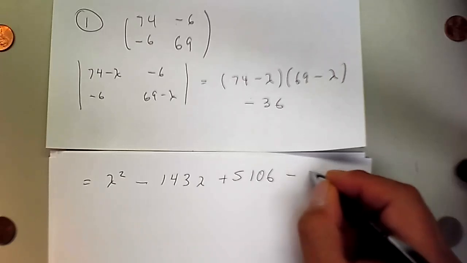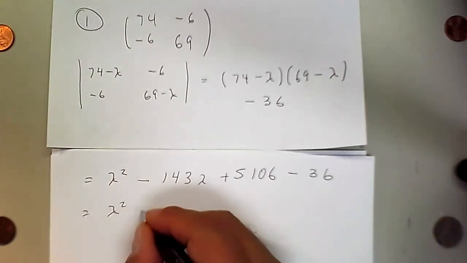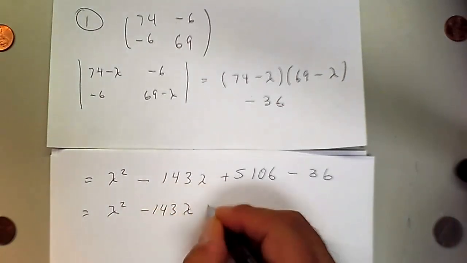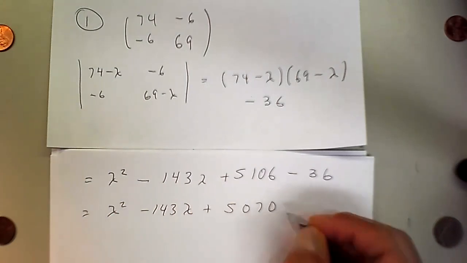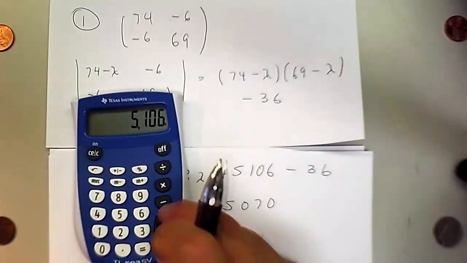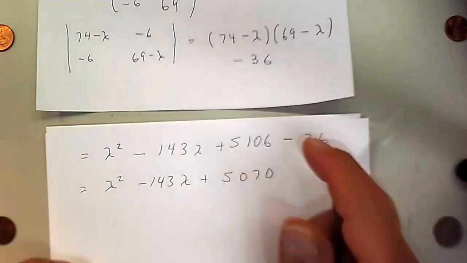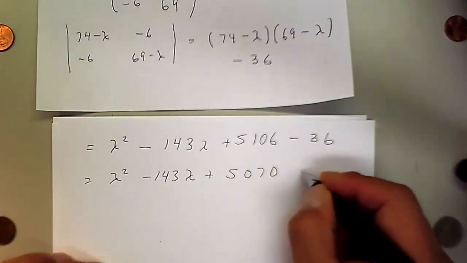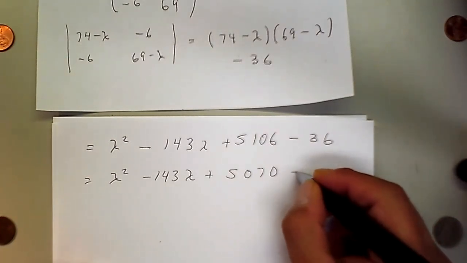And then we're going to take away 36. So that is lambda squared minus 143 lambda plus 5,070. Let me double check. 5,106 minus 36, yep. And then we want to set this equal to 0 to figure out the eigenvalues.